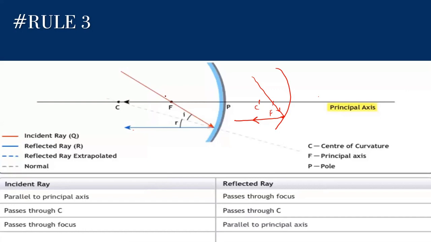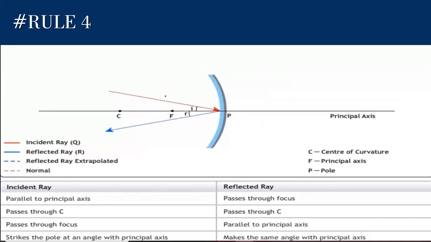Okay. Rule 4. Rule 4 says, I mean, all the first 3 rules are negated. It says that if the ray is neither parallel to the principal axis, nor passing through the focus, nor passing through the center of curvature, it is just hitting your spherical surface at an angle. Okay, so consider this red incident ray.